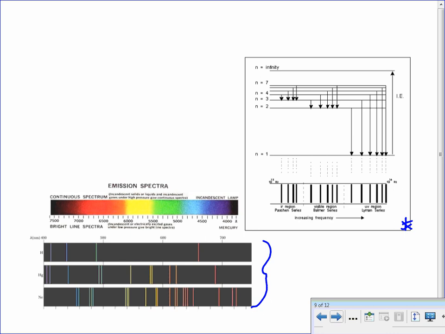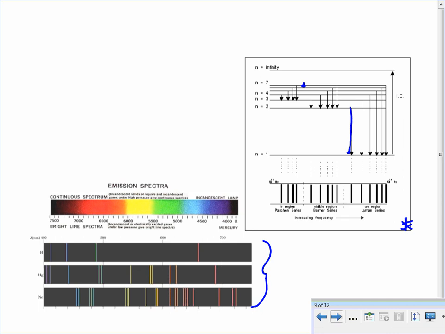So when it comes back to its ground state from its excited state, it's going to release a lot of energy. So we're talking about high energy waves here, small wavelengths, right? Blue lights rather than red lights. But you can see, moving only from energy level 7 to energy level 6, that's a teeny tiny amount of energy. It's probably not even in the visible light spectrum. It's probably not something we can see.